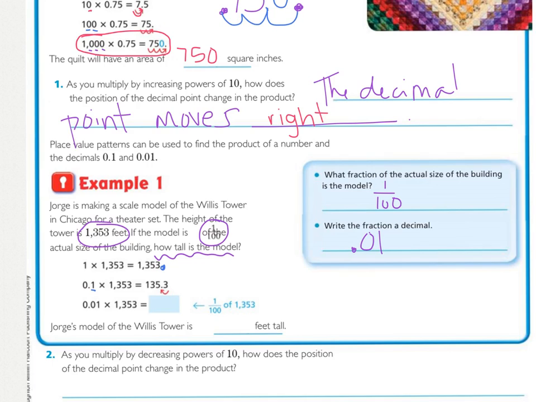So then in 1/100th, there's 2 decimal places. And if the decimal point in a whole number is at the end, we need to move it 2 times. So the digits would stay the same, but our decimal would go right here. So Jorge's model of the Willis Tower is 13 53/100 feet tall.